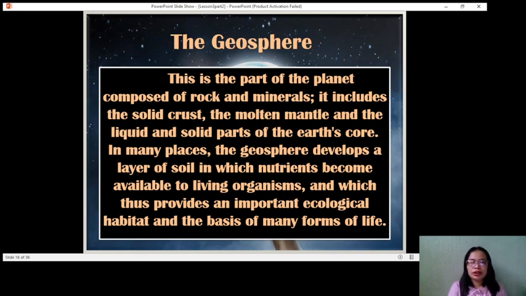In many places, the geosphere develops a layer of soil in which nutrients become available to living organisms, and thus provides an important ecological habitat and the basis of many forms of life. Geo means earth, so geosphere, also called lithosphere. Without geosphere, there would be no Earth, isn't it?